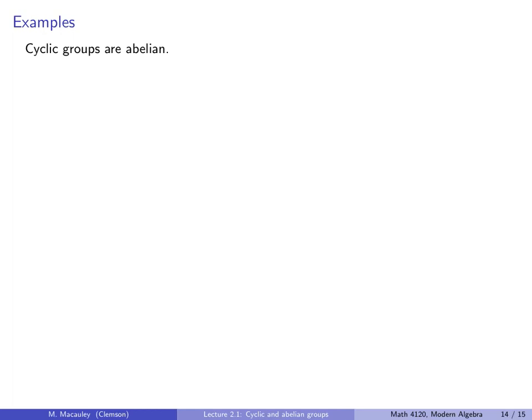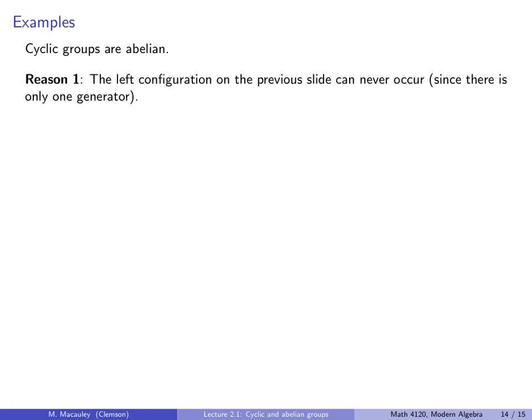Cyclic groups are abelian. One way to explain this is that the left configuration on the previous slide, in other words, where AB and BA were different, can never occur because there's only one generator. You need 2 different colors or 2 different generators for something like this to occur.